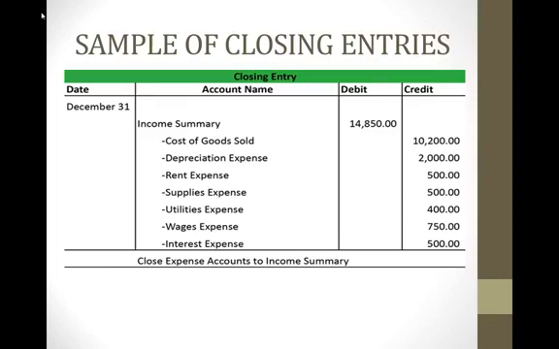You simply debit revenue and then credit income summary to close the revenue account. And then in this example, we have expense account. You simply debit income summary account and then credit total expenses.